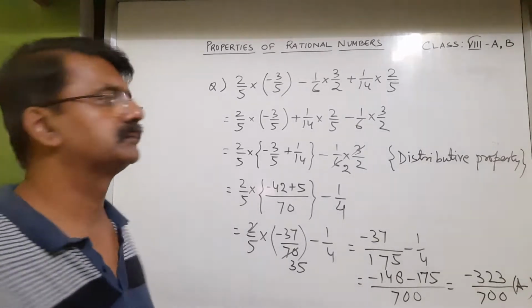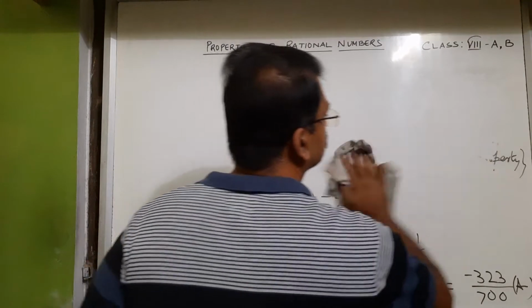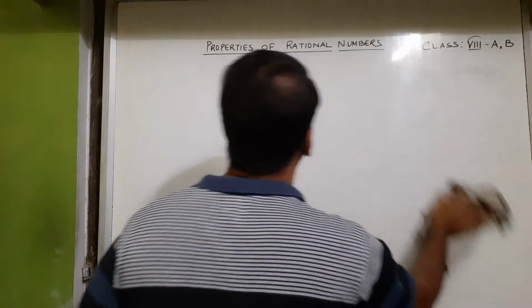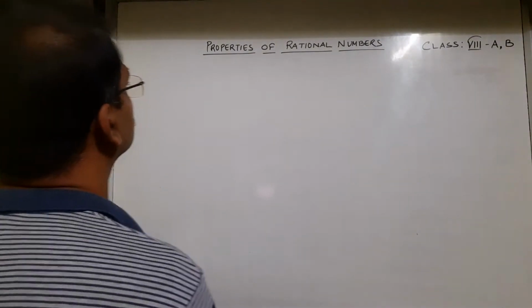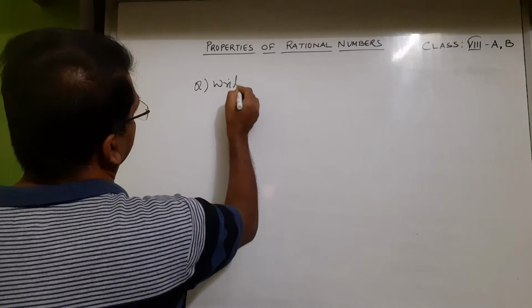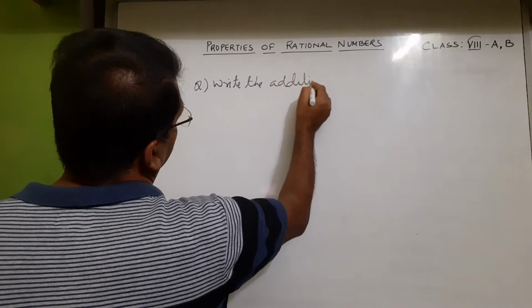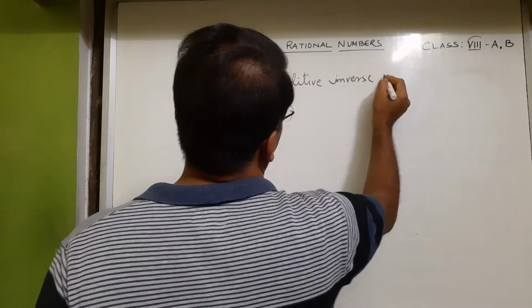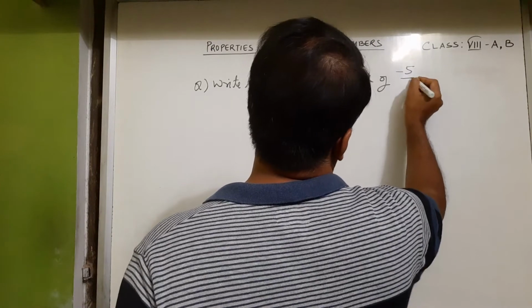Next question. Write the additive inverse of minus 5 upon 9.